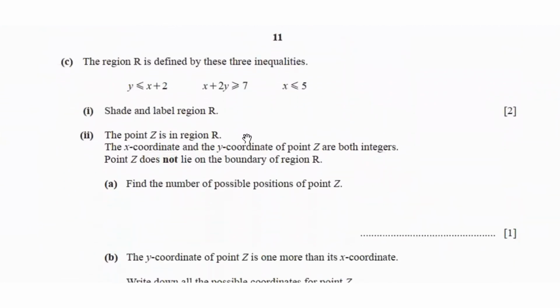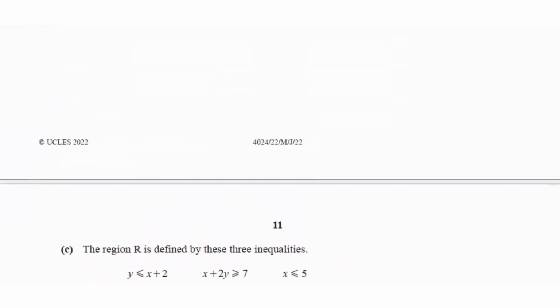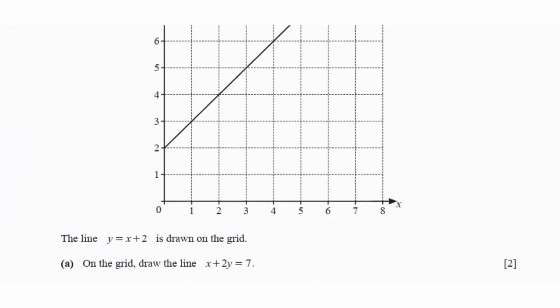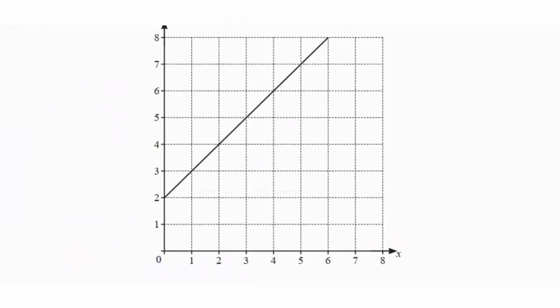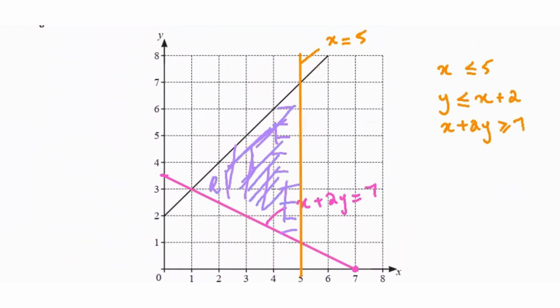The point Z is in region R. The x-coordinate and the y-coordinate of the point Z are both integers. Point Z does not lie on the boundary of region R. Find the number of possible solutions of point Z. So it's an integer and it does not lie on the boundary. So let's go back.